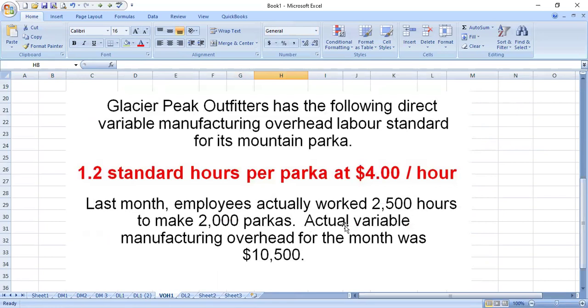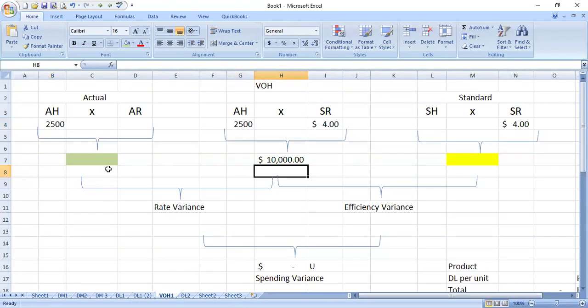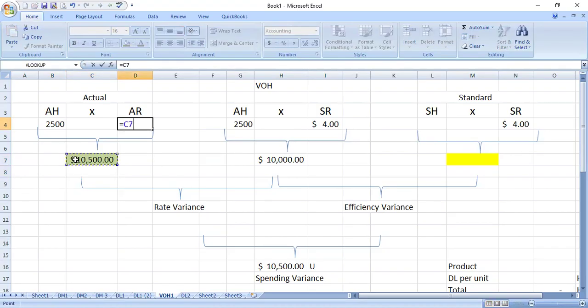Now, our actual variable overhead for the month was 10,500. That will be our actual cost. And we can find the actual rate for the overhead by 10,500 divided by 2,500 hours, which is going to be $4.20.